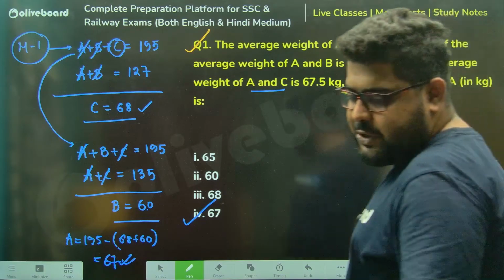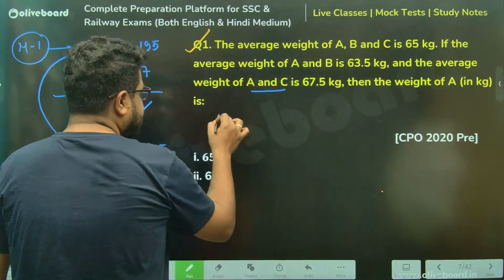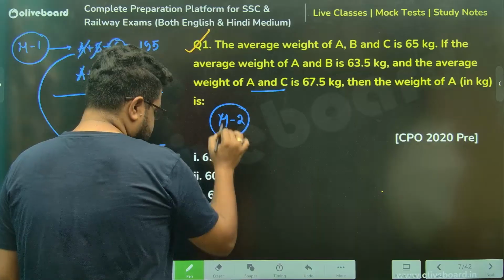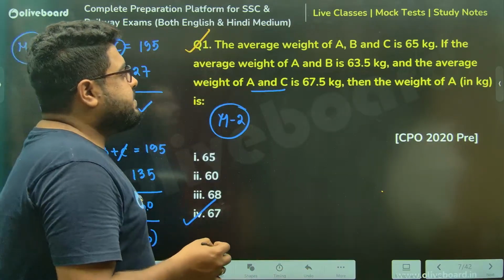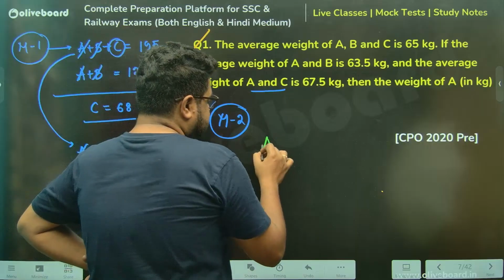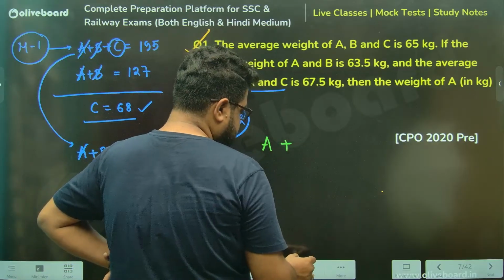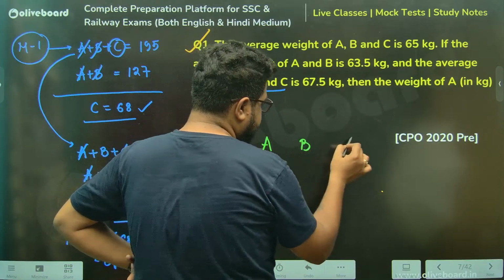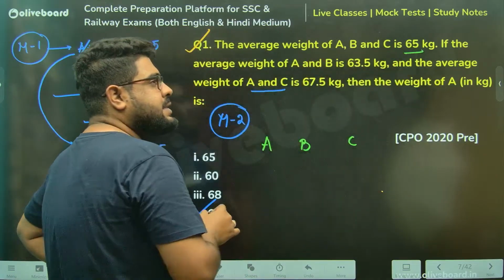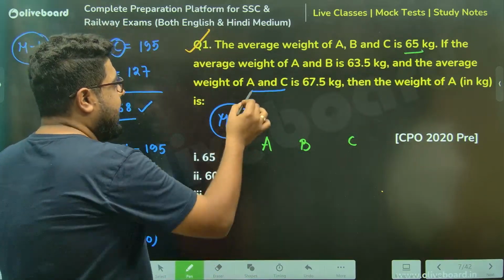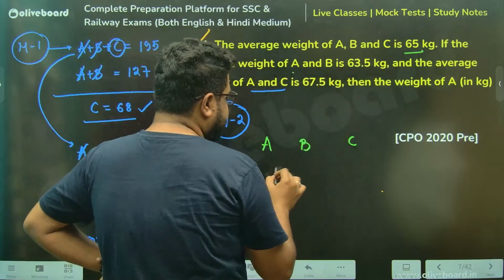But again, let me show you another one. Method number 2. Think, A plus B plus C, 65 kgs each. A, B, and C. So average is this, meaning they are all 65 kgs each. A and B, they are 63.5, 63.5.